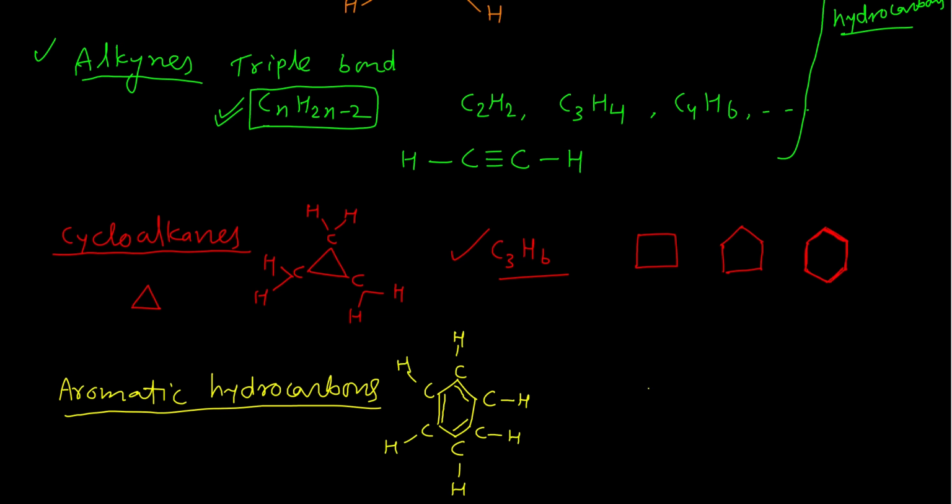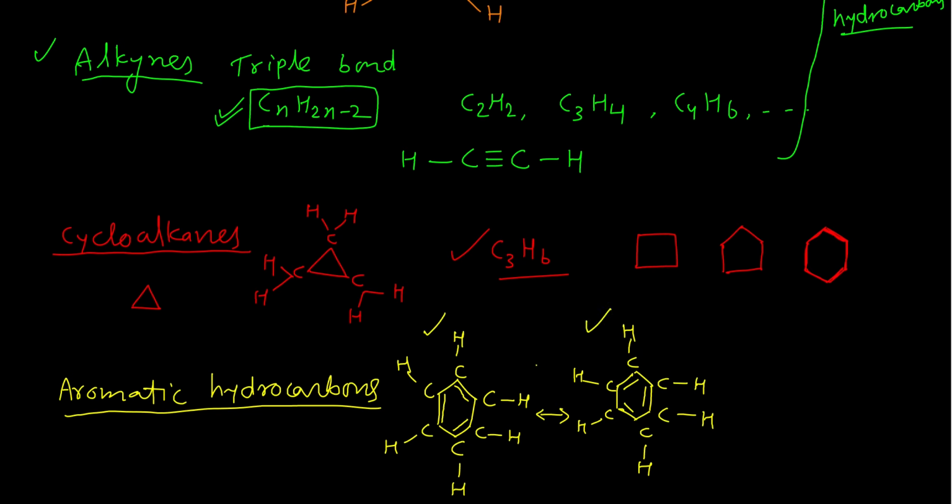Okay, and this can be represented by another equivalent structure where double bonds can change their position like this. So the actual structure is neither of these two structures, it is something in between. These two are your resonating structures or canonical structures, and the actual structure of benzene is neither this nor this.